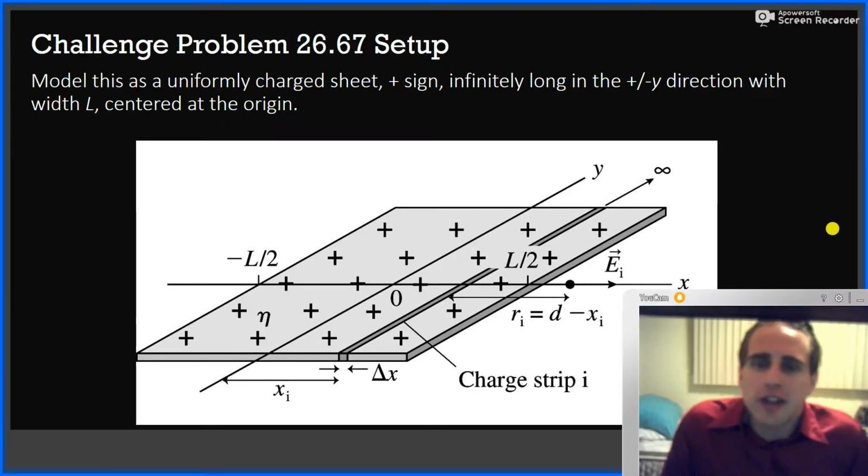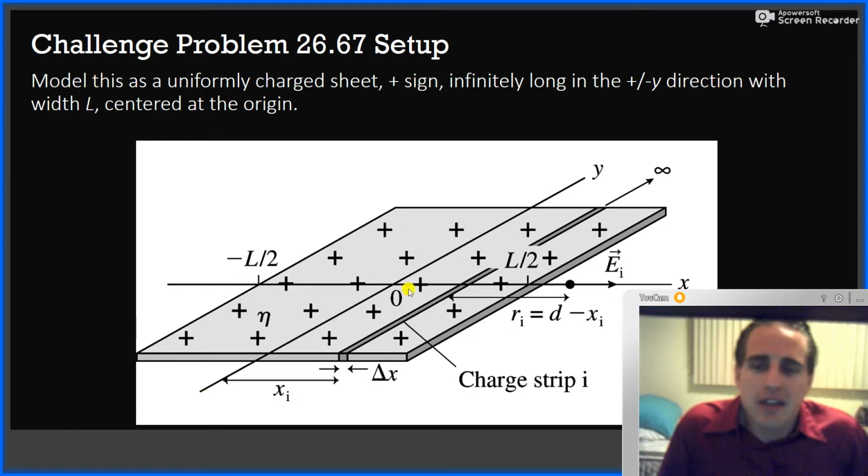So looks like this is the setup of the problem, that there is a sheet with an infinite line of charge. There's this sheet, and it goes off forever in the y direction, so that's towards infinity, and also the negative y direction.